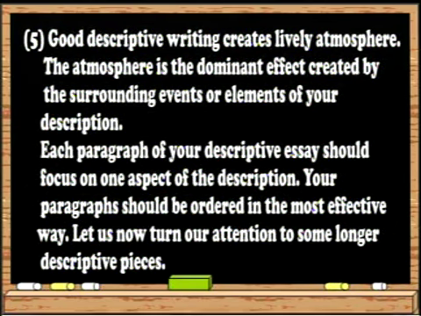The atmosphere is the dominant effect created by the surrounding events or elements of your description. Each paragraph of your descriptive essay should focus on one aspect of the description. Your paragraphs should be ordered in the most effective way.